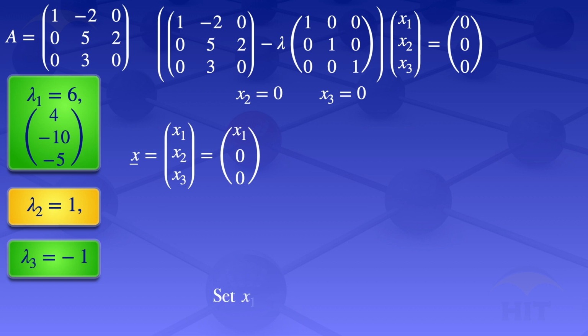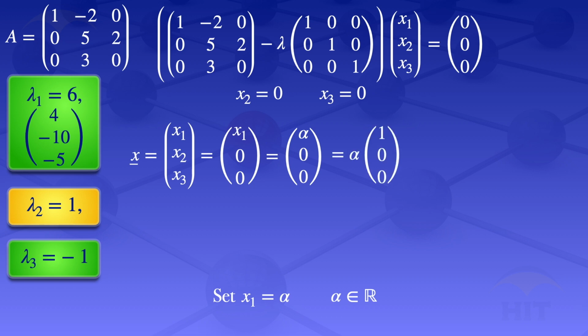We then go on and set x1 equals to alpha, where alpha is a real number, and we would have our vector becoming alpha, 0, 0. Alpha is a real number, so we can factor it out there, and we would have alpha multiplied by the vector 1, 0, 0.